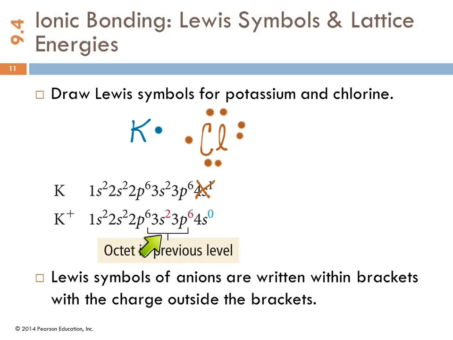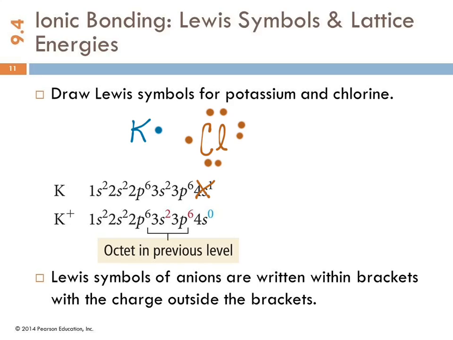Well, this is 0. Underneath, there is a full shell. Because this 4s no longer has any electrons in it, it's not the highest principal energy level anymore. 3 is, and 3 is full. So by losing that 1 electron, you peel off this partial layer, and underneath is this beautiful layer of onion electrons.